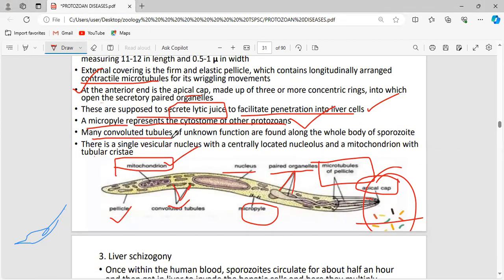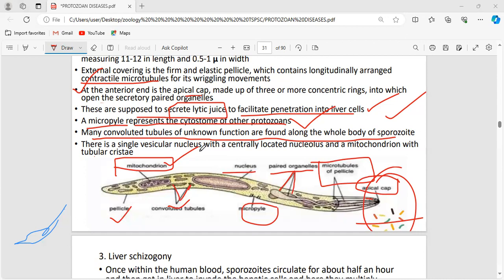Here, many convoluted tubules of unknown function are found along the whole body of the sporozoite. If any structure is present in the body, definitely there has to be some function. We should not say that this convoluted tubule has no function.